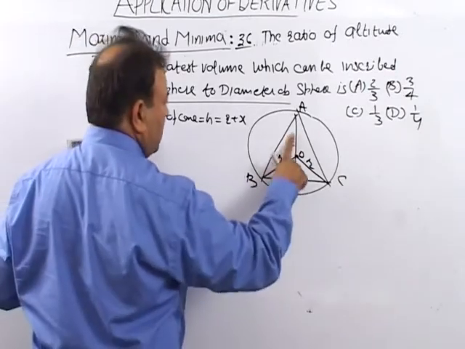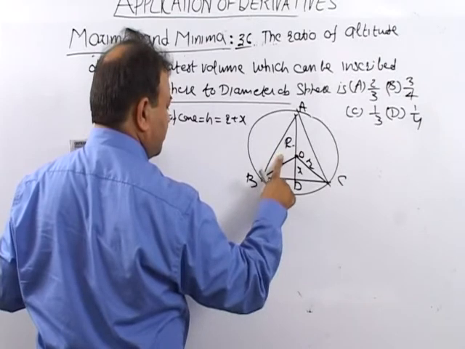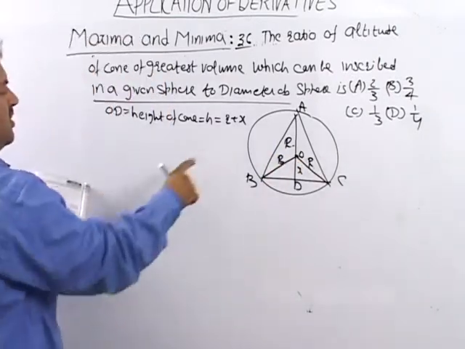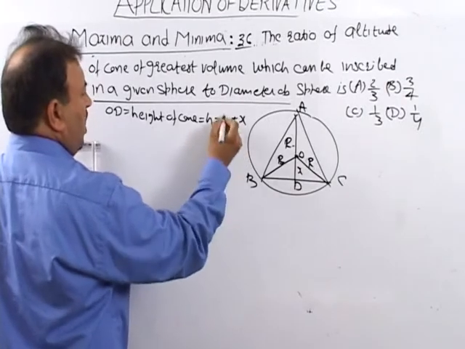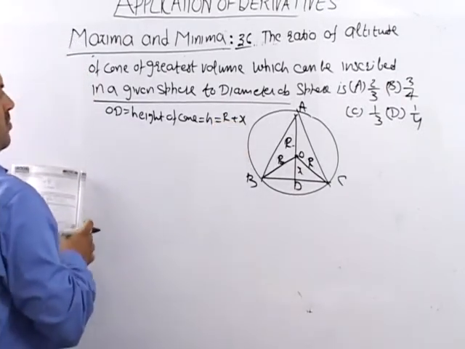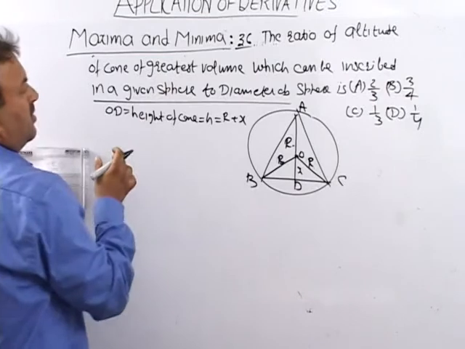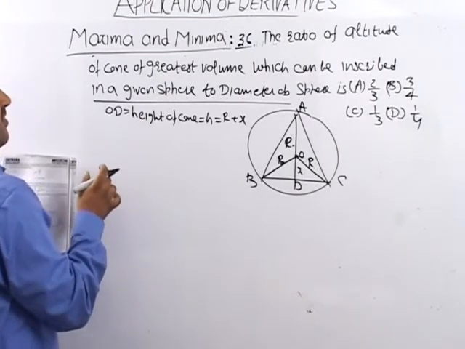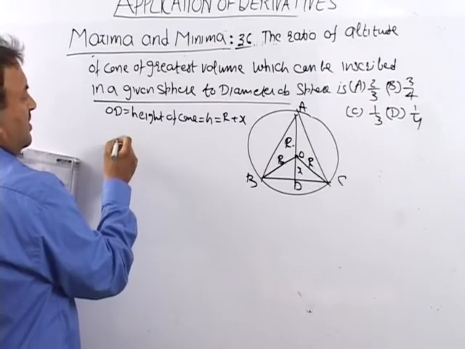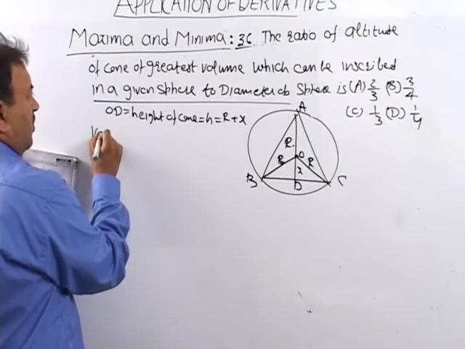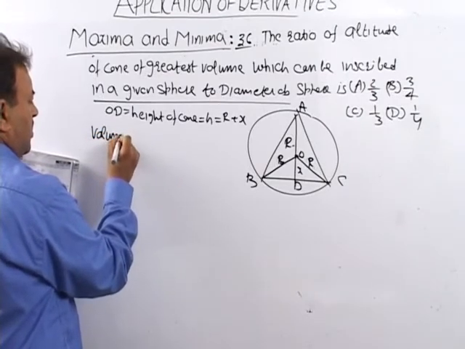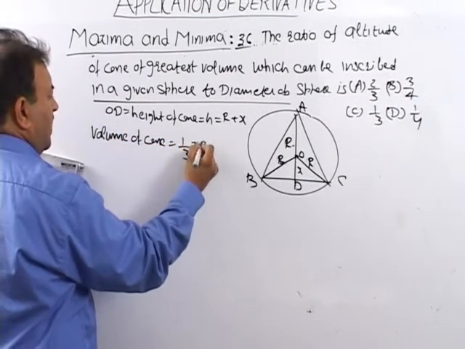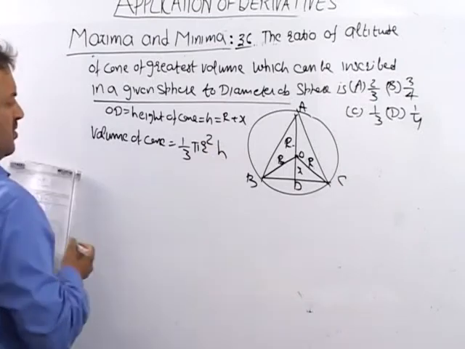I suppose this is capital R. So I can say H is equal to R plus X. Now greatest volume, the ratio of the altitude of greatest volume that can be inscribed in a given sphere, that is volume of cone. Volume of cone is 1 by 3 pi r square H.